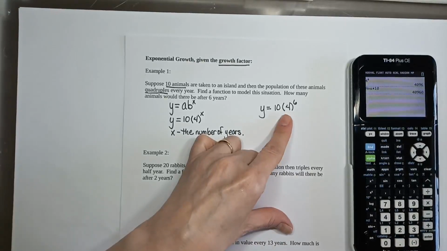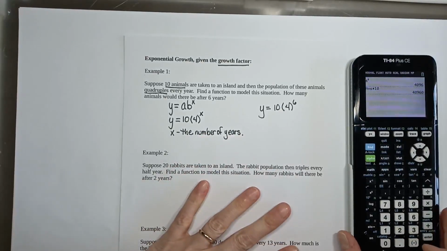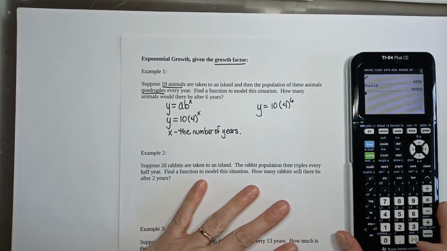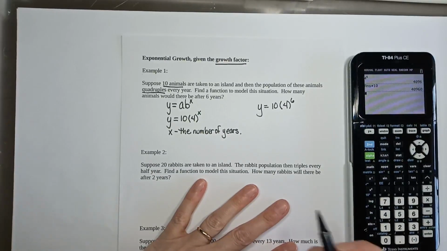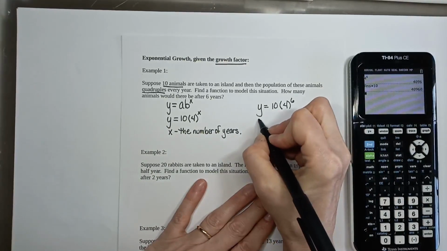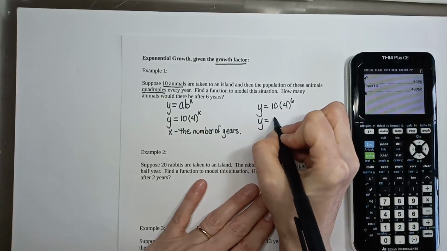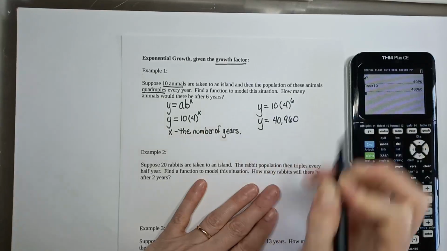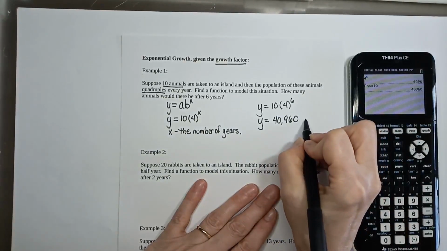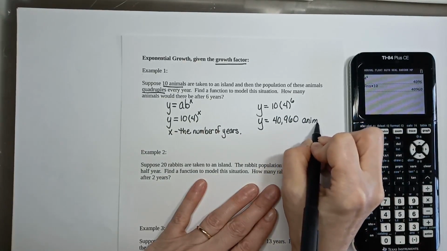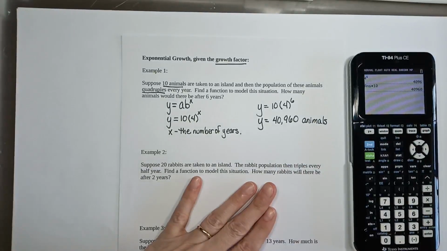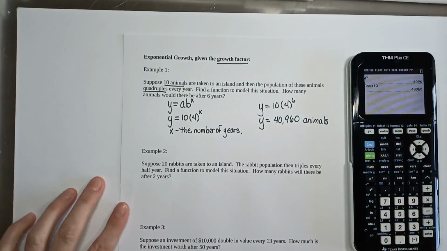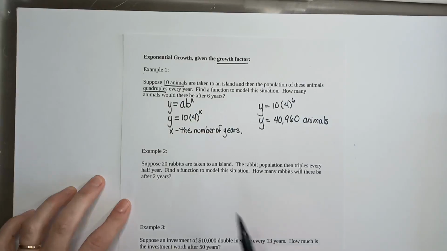And you're going to probably be using a different calculator than the one I'm using. And if you are, you may have to enter that in just a little bit differently. But the population of animals will be 40,960 after 6 years. Let's take a look at the next question.